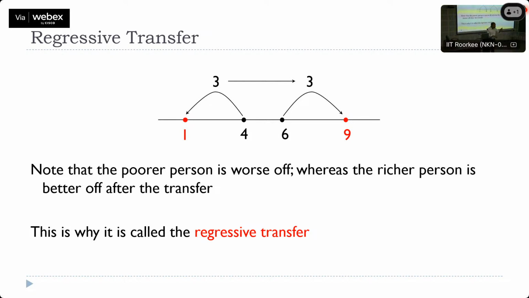So going from a more equal distribution to a more unequal distribution is called a regressive transfer. But starting from a more unequal distribution, if you come to a more equal distribution, that's called a progressive transfer. A progressive transfer with the same average should increase welfare, it should be better for society. Do you agree?